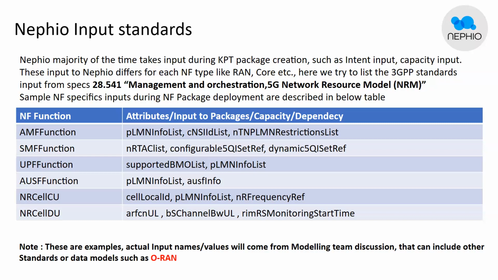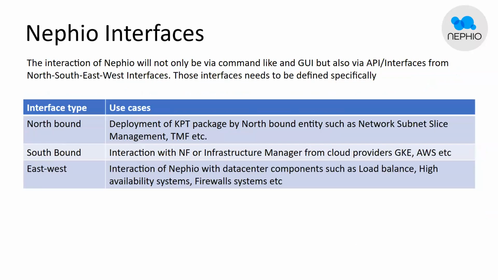Not exactly, and maybe related to this. Tal can talk more about the modeling because of working with it, but my understanding is this: there are many things about the model, and it can also relate to the Nephio interfaces. When we define interfaces, some other entity can talk to Nephio, whether from the northbound, southbound, or east to west.